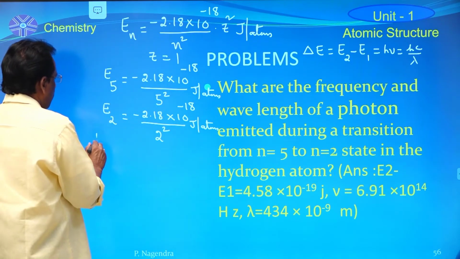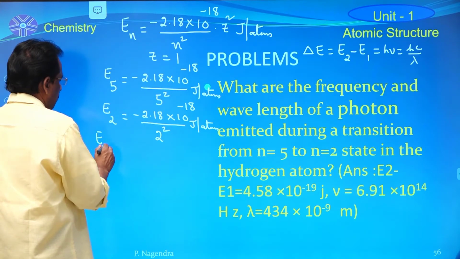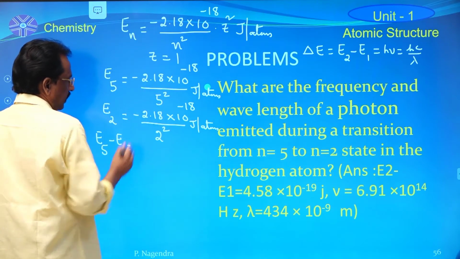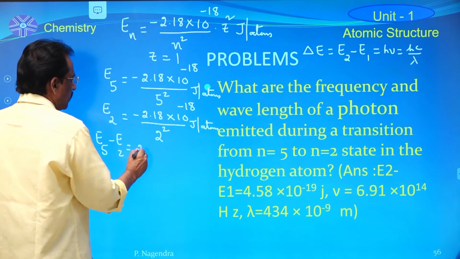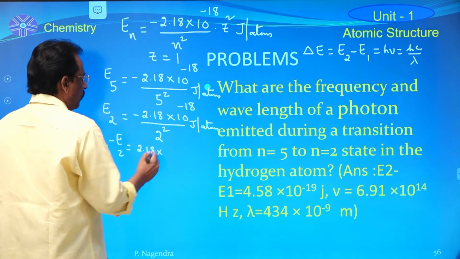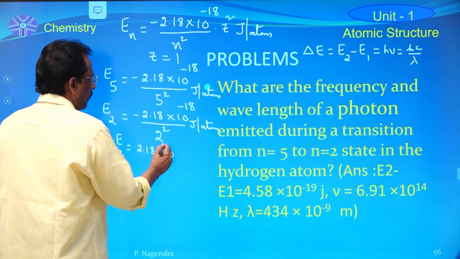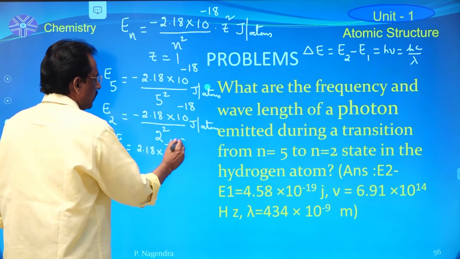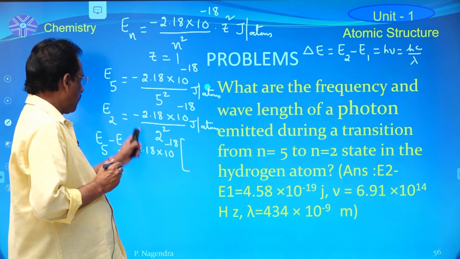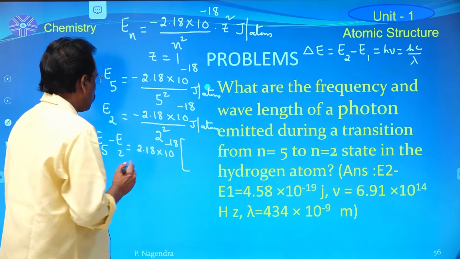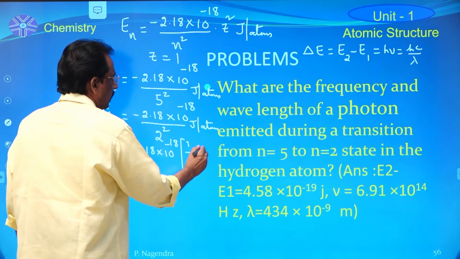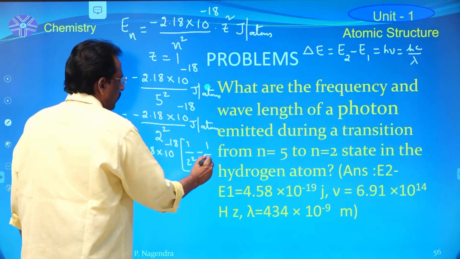Now E5 minus E2, the energy emission. There is a common factor here, 2.18 into 10 power minus 18. E5 minus E2, minus of minus is plus. So, 1 by 2 square minus 1 by 5 square.